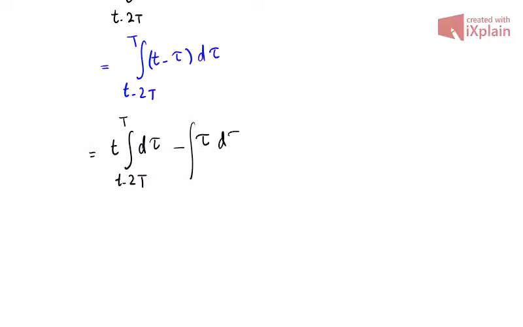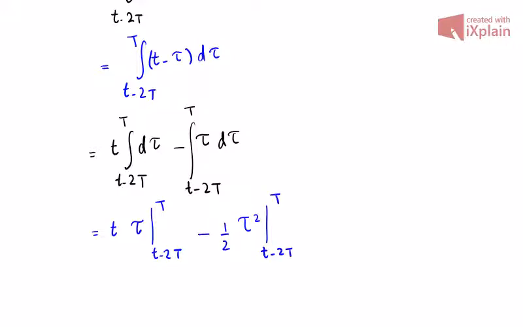This can be simplified as t tau, minus half tau square, and the limit is t minus 2T up to capital T.